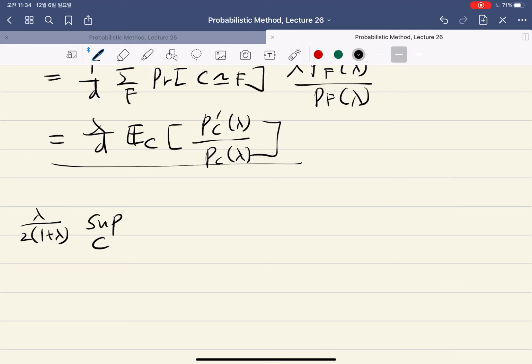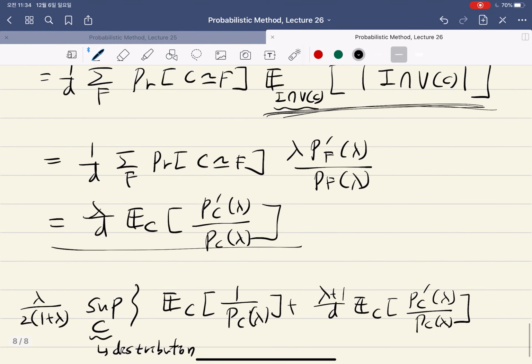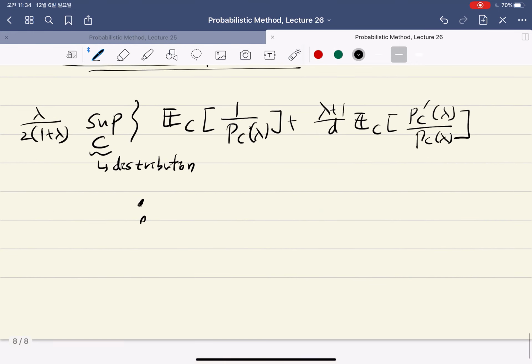Then what we want to do is we consider all distribution on this C. We want to take the, I mean, C which maximizes this, when conditioning on these two being the same.